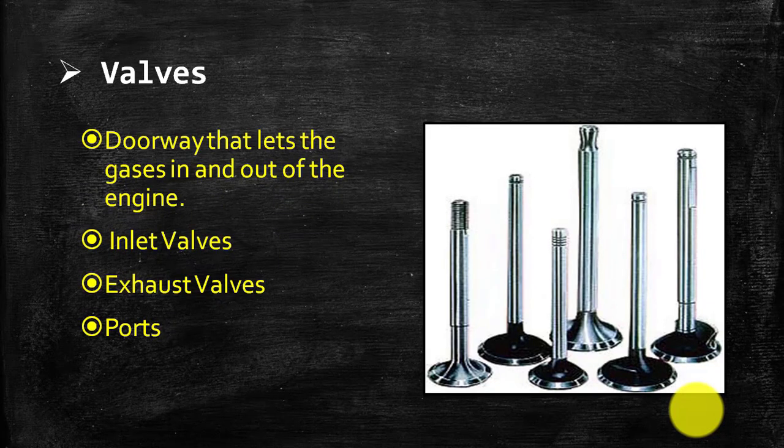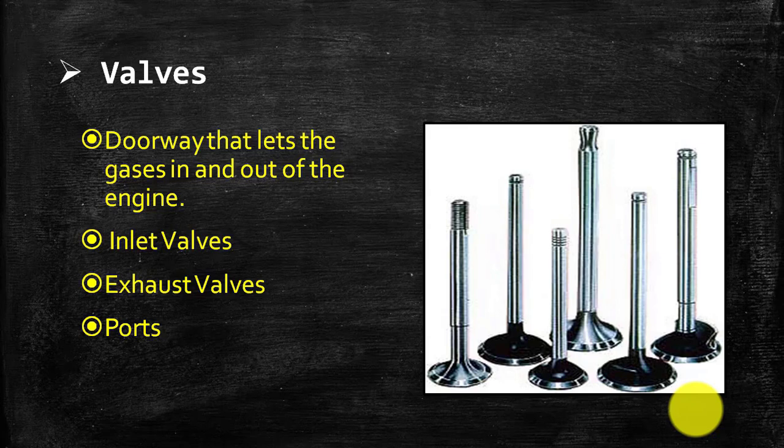The next component is valves. Valves are doorways that let the gas in and out of the engine. As I just said in the previous slide, we have two types of valves, inlet valves and exhaust valves. Inlet valves let the gases in and exhaust valves let the gases out of the engine system.